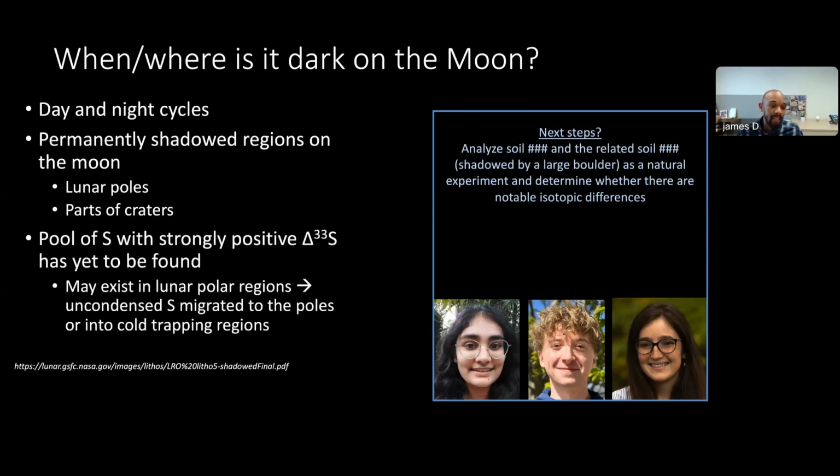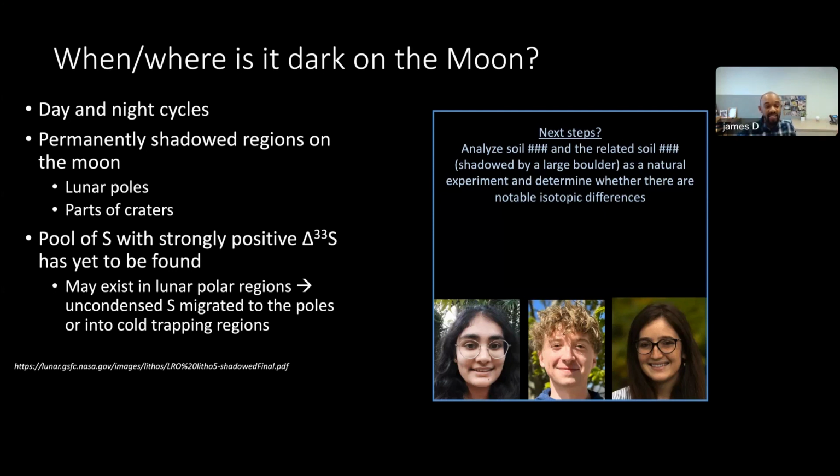And what's important, one of the interesting observations of our data is that we have that strongly negative cap delta 33S value associated with 75081. But in order to close mass balance among the isotopic compositions, it requires a strongly positive component to be on the moon somewhere.